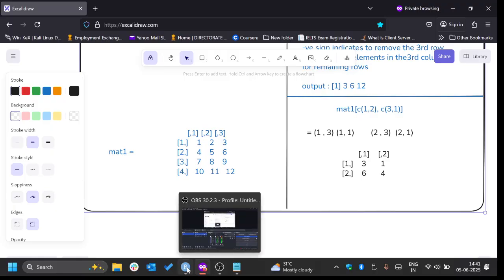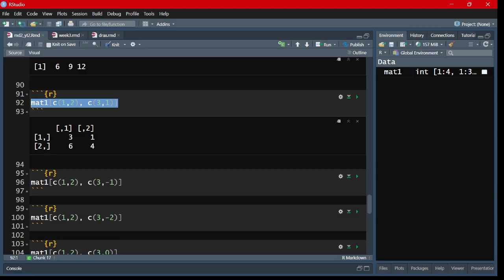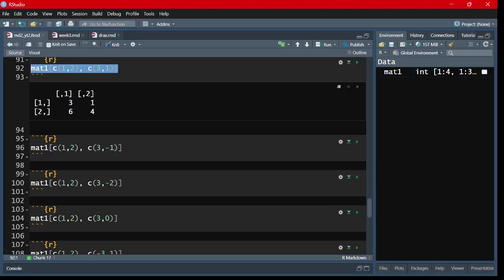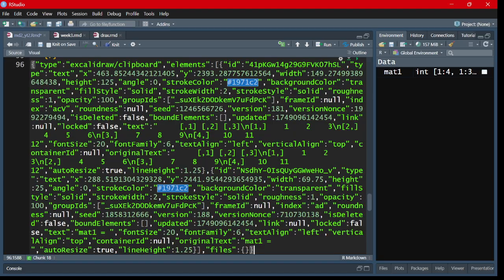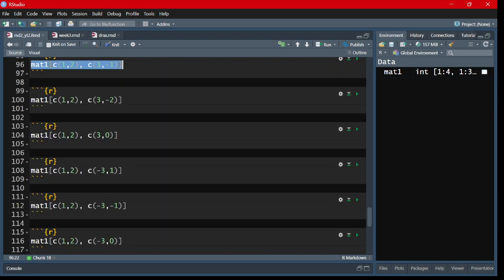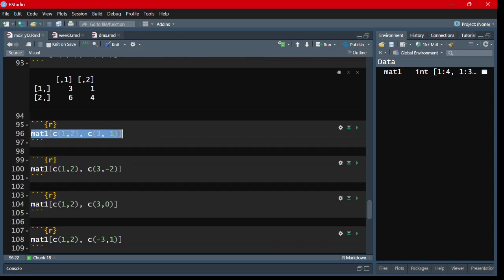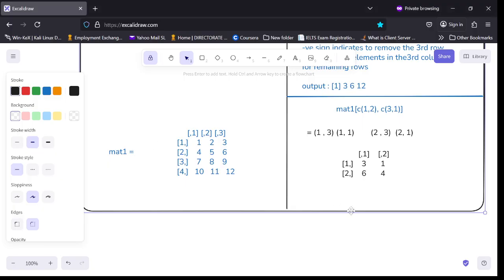Let's look at other problems here. Now we have this. Let's try to find the solution without interpreting this statement, or without executing this statement, we can say.